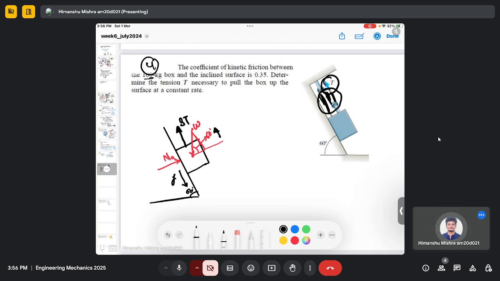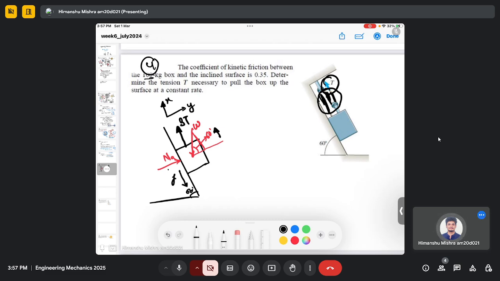And our inclined coordinate system is like this. This is my y and this is my x, because now I can show this tension force completely in the x direction, and I can show this NA completely in the y direction.